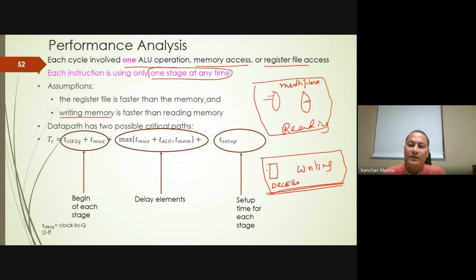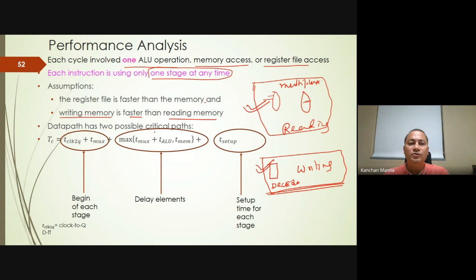In that way, reading takes a longer time than writing, and because of that, we are saying that writing to the memory is faster than reading from the memory. We'll see this in detail when we discuss the Verilog assignment. So it takes a long amount of time.